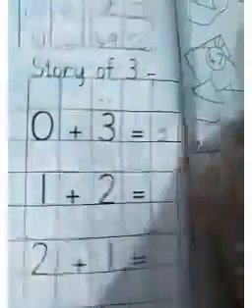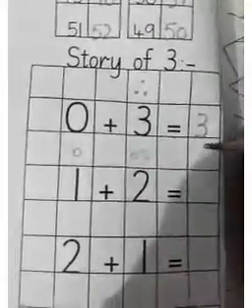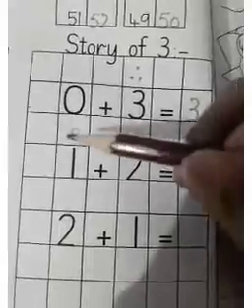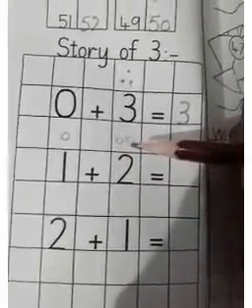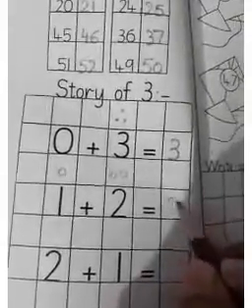Fine? Okay, now we have 1. So draw 1 circle and then plus 2. So for 2 we have again drawn 2 circles. So count them all together. 1, 2, 3. So 1 plus 2 is again 3.